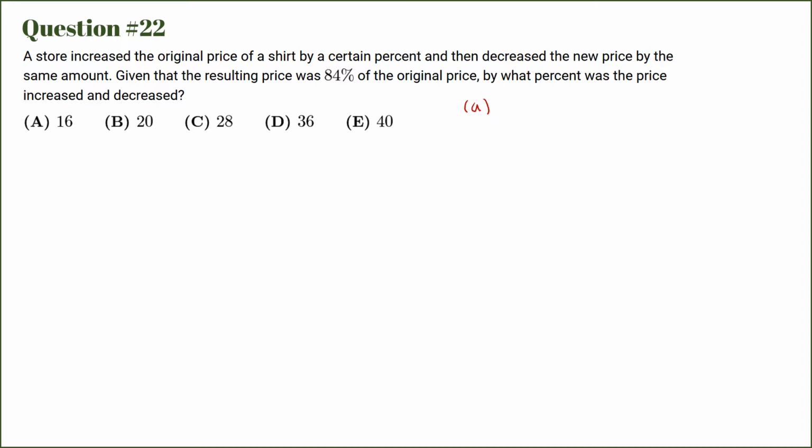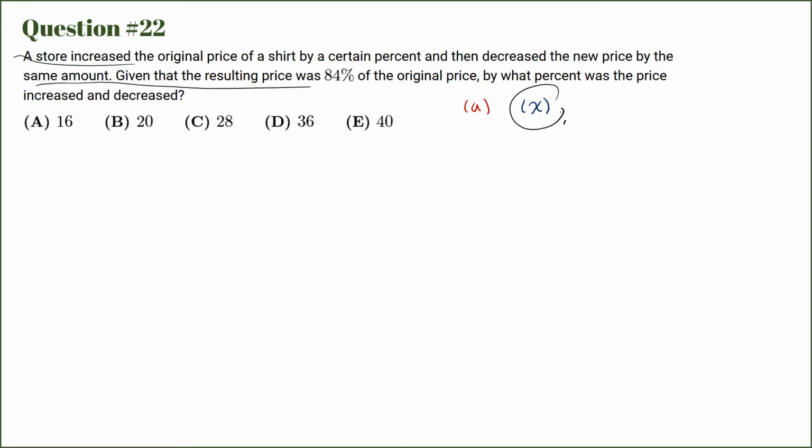Let's say that the percent that you're increasing and decreasing by is X, and we want to find X, essentially. So we can set up an equation by using this information.